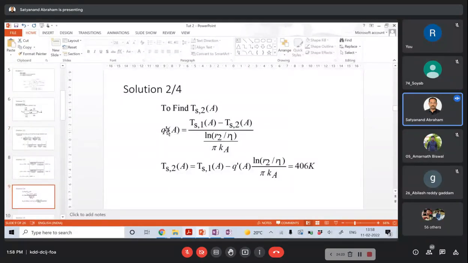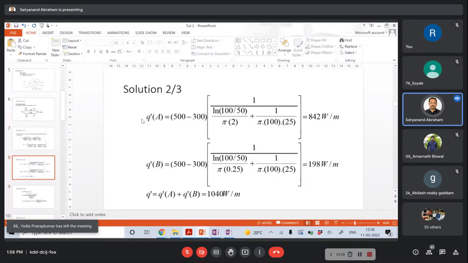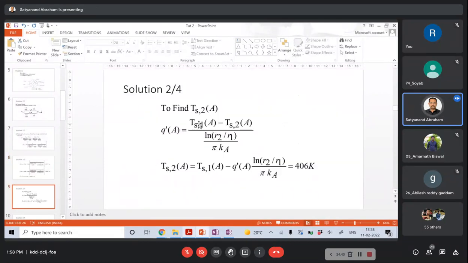Here, QA is the same only, right? Whatever the total heat transferred to A, that is the same whether we are considering the full resistance or half resistance. So with these equations, you can get TS2A, right? We're considering TS1 minus TS2A divided by ln R2 by R1 over pi into KA.